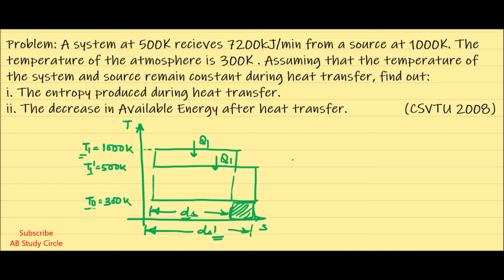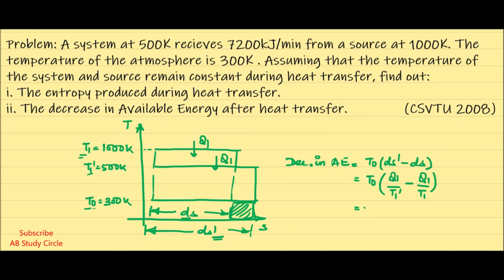For this, the decrease in available energy is T0 into (dS dash minus dS), where dS dash is nothing but Q1 by T1 dash, minus Q1 by T1 for this dS.